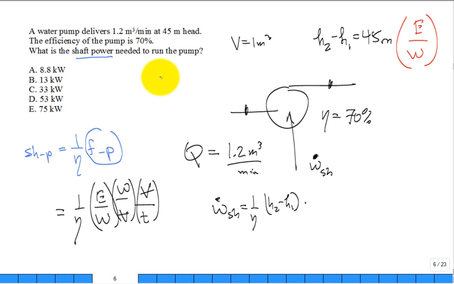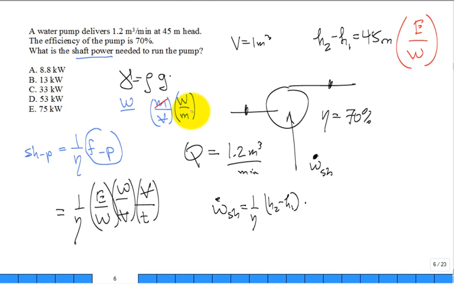So what is rho times G? Gamma. Rho times G is gamma. This was the mass per unit volume. Isn't that the density? And G, I know you think of acceleration, but it's the weight per unit mass.